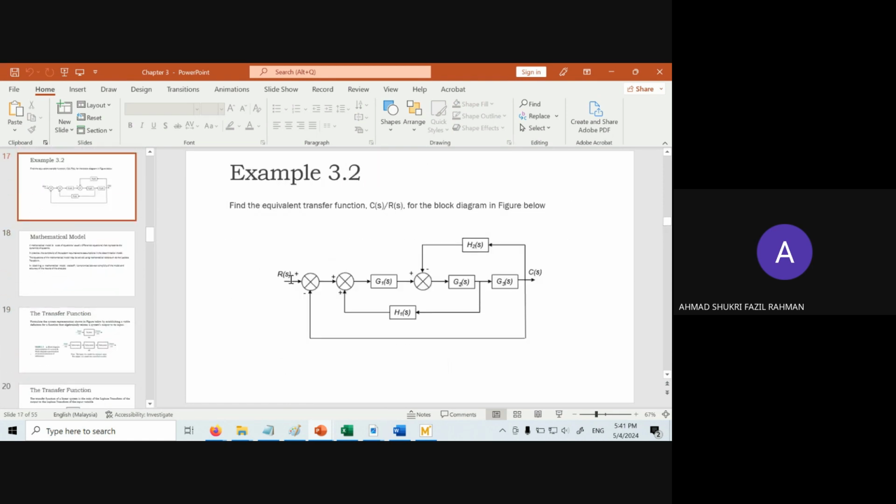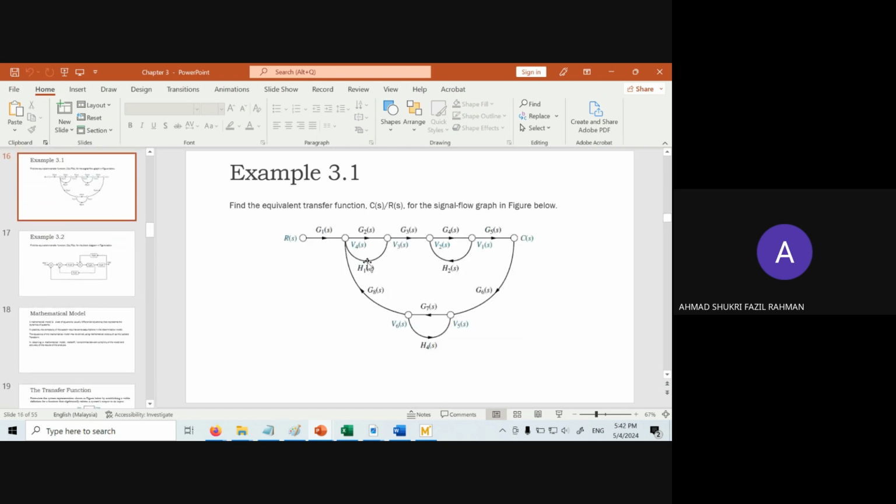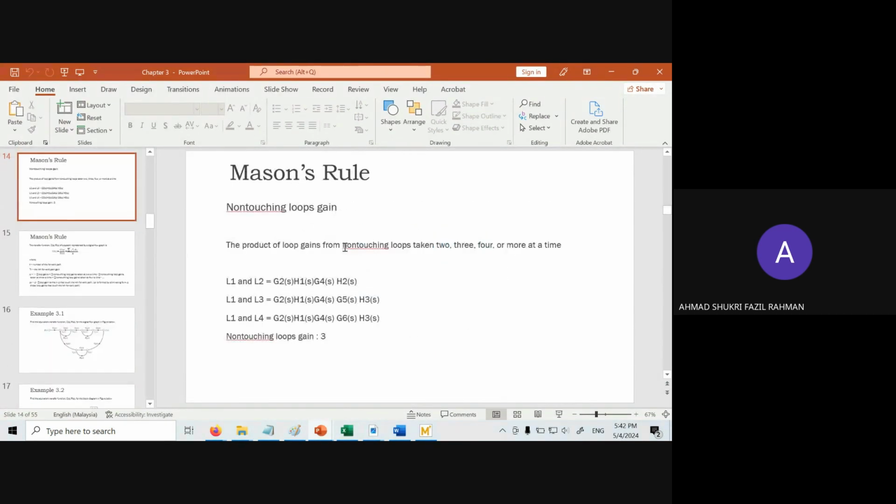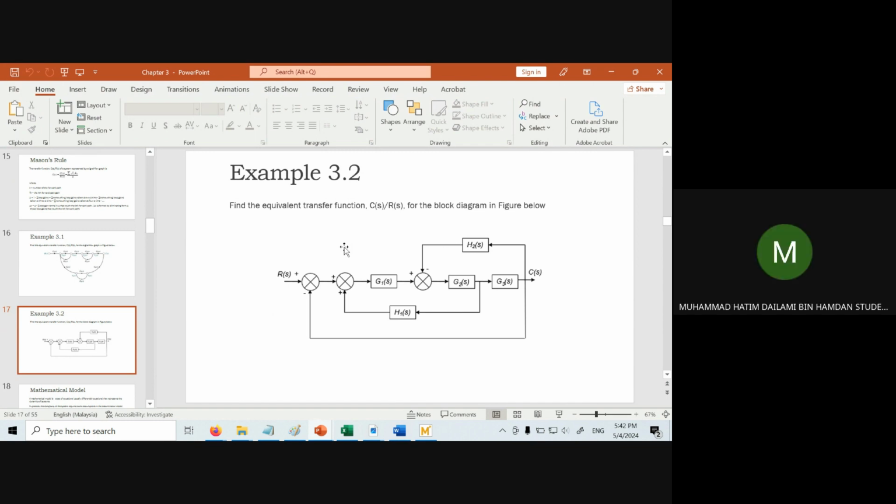So far if we have any additional improvement or modification or adjustment, I will inform you later. Test 1 is up to example 3.1, up to Mason's rule, which means chapter 1 up to the latest, and the block diagram reduction before that is also included.